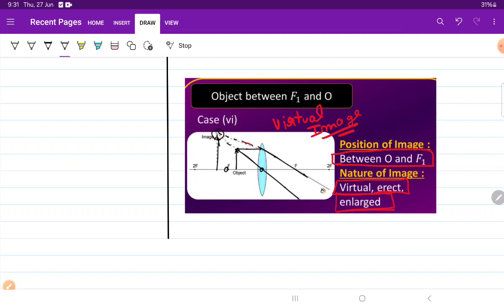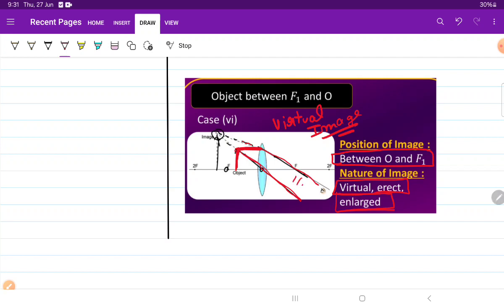Now let's see the sixth case. In the sixth case, we put our object between the optic center and f1. The first ray is parallel to the principal axis and passes through F2 only. The second ray passes through the optic center. They are not going to meet at any point because they are parallel.